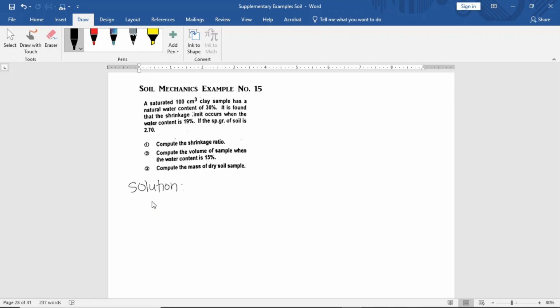Shrinkage limit is equal to (M1 minus M2) all over M2, minus (V1 minus V2) all over M2, times the unit weight density of water.